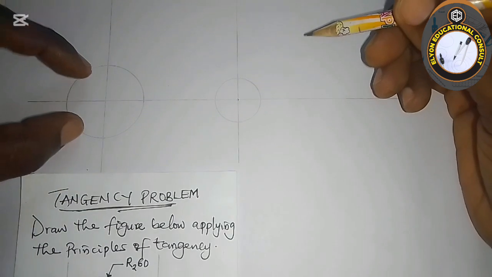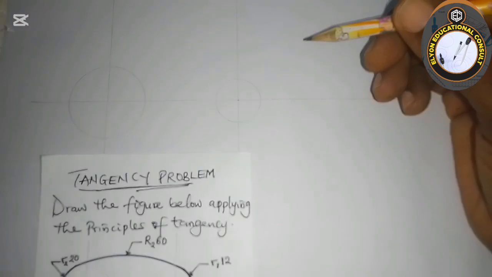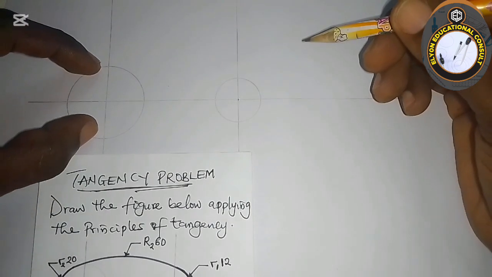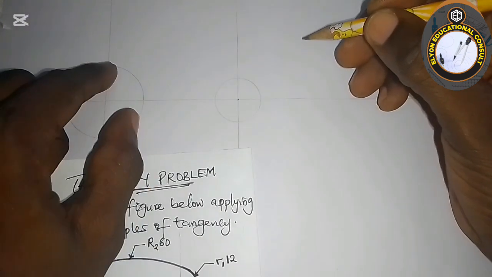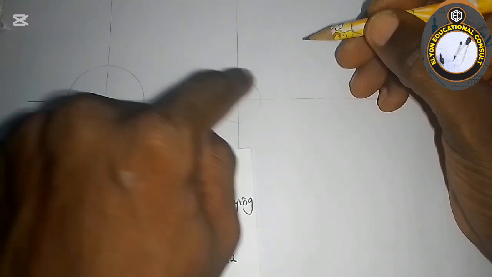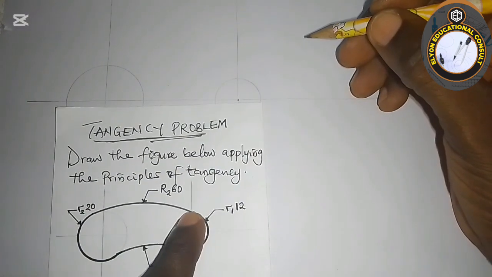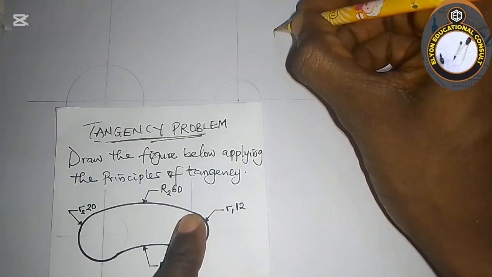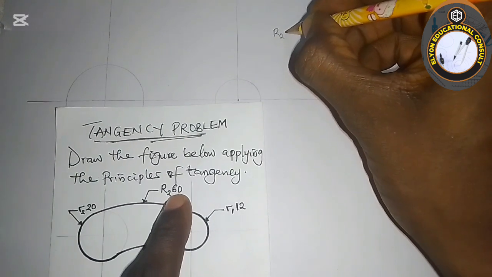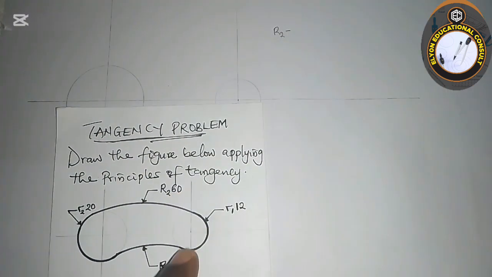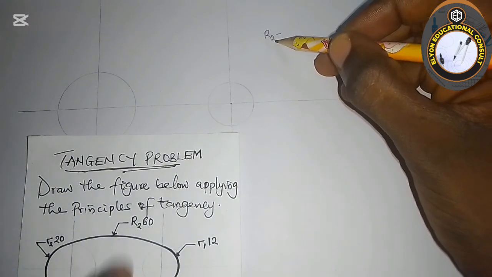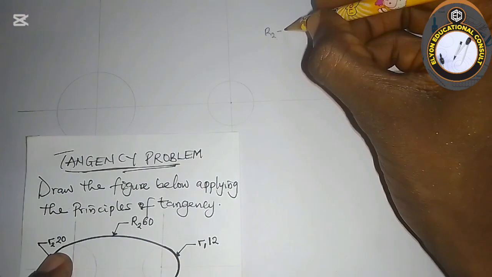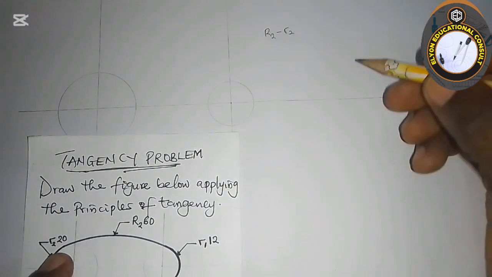We're going to be saying that the radius of this arc here that we're going to get is R2 minus small r2, and that is going to give us what?